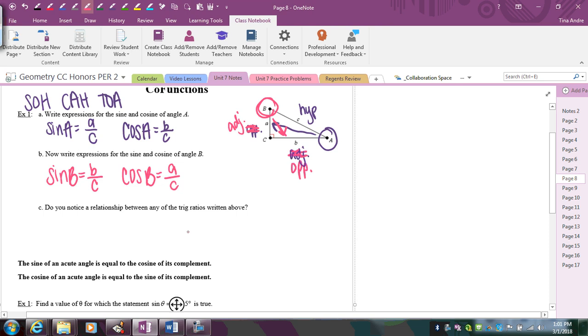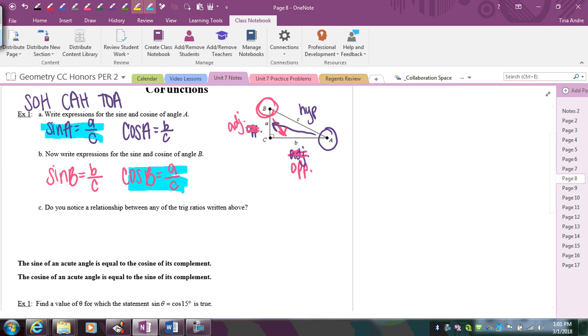Now hopefully you're seeing a connection here, where sine of A is equal to cosine of B, and the same thing goes for cosine of A and sine of B. So sine and cosine are going to be equal whenever the angles we're taking them of are complementary.